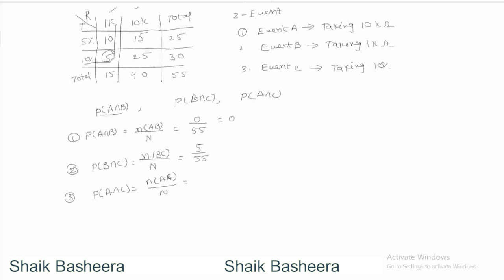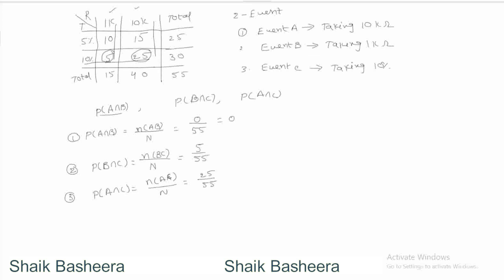So AC is both events, taking the 10 kilo ohm resistor and 10% tolerance. How many? 25 such resistors are there over here. So 25 by 55. In this fashion we find the corresponding joint probability components.